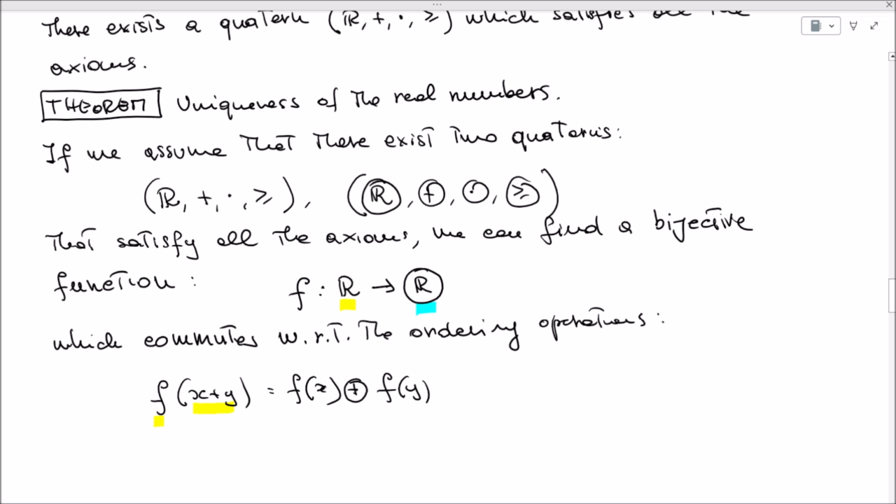Now it turns out that this element that belongs to R circle can be obtained by applying the circle sum between two elements in R circle, and these two elements are just the images through f of the original x and y elements. So this is to say that we can map every possible sum in the R set to another sum that happens in the other set.